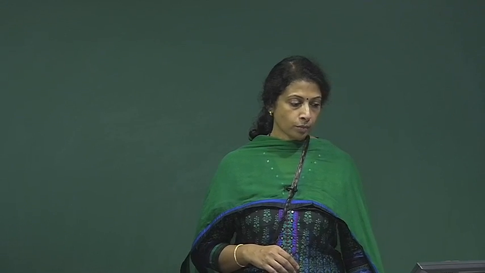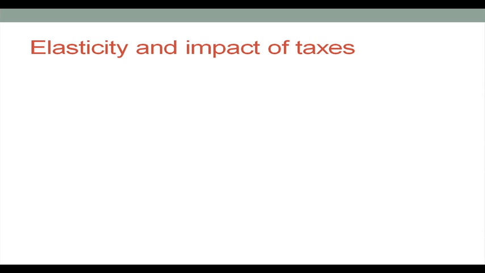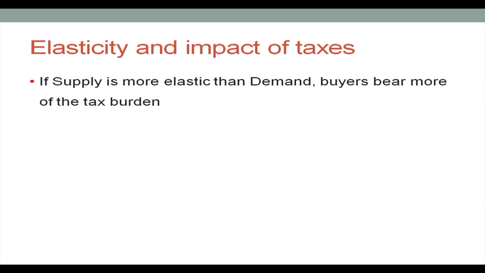So we are going to talk about elasticity and the impact of taxes. We are going to show that if supply is more elastic than demand, buyers bear most of the tax burden. So if supply is more elastic than demand, buyers bear more of the tax burden.